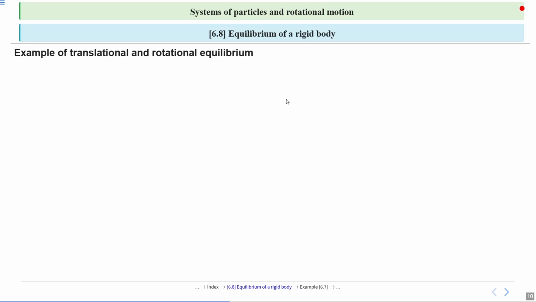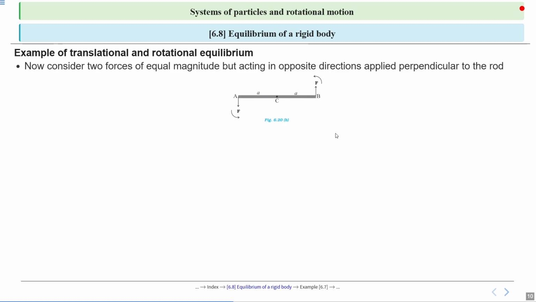Example of translational and rotational equilibrium. Now consider two forces again. These forces are equal in magnitude but act in opposite directions.